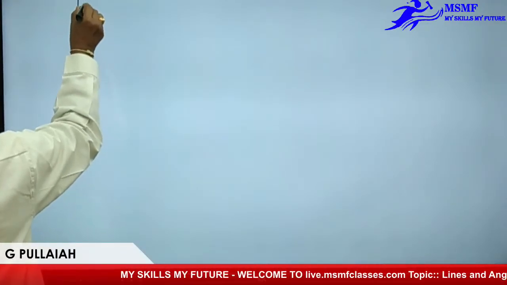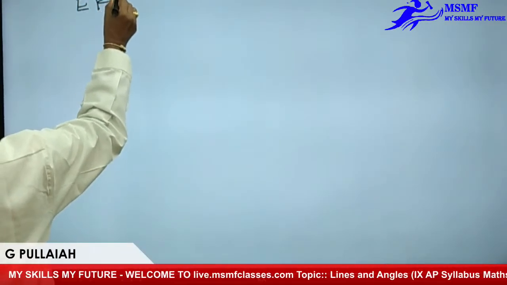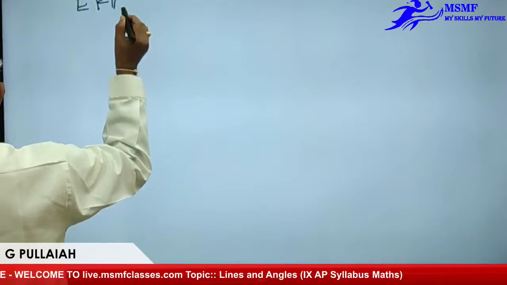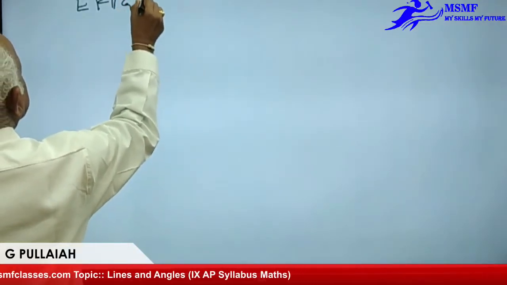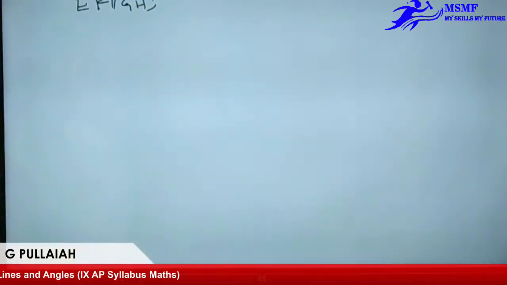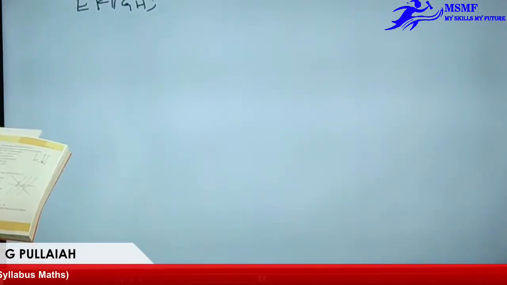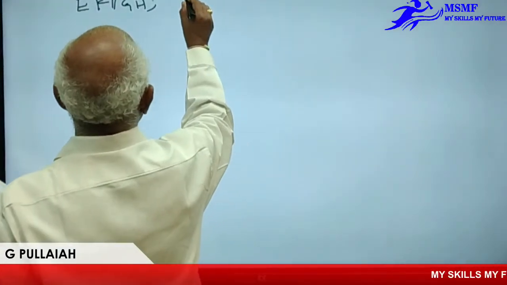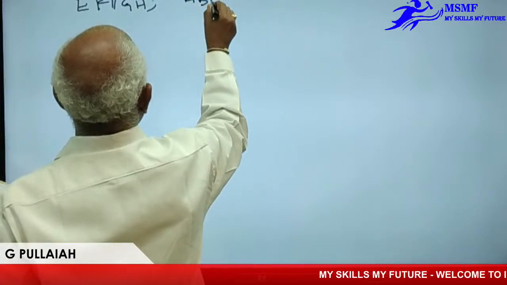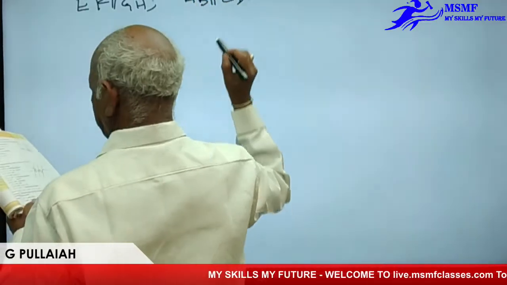It is given that EF is parallel to GH. Both that EF is parallel to GH, and also AB is also parallel to CD. Okay.